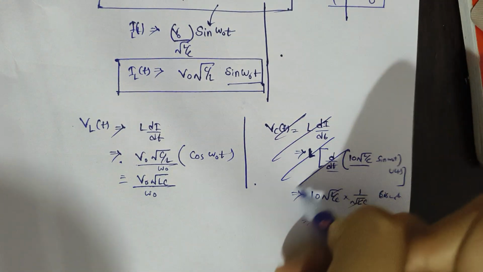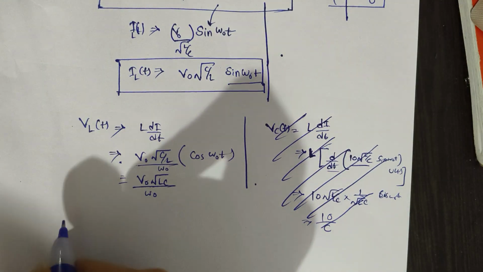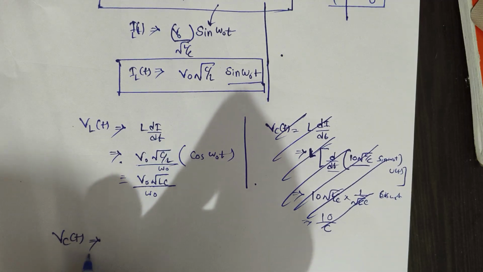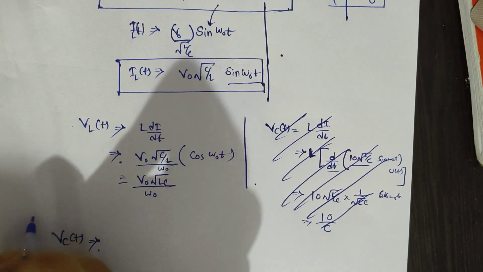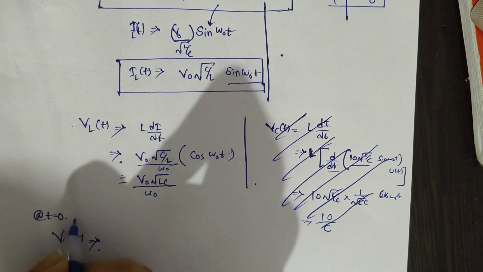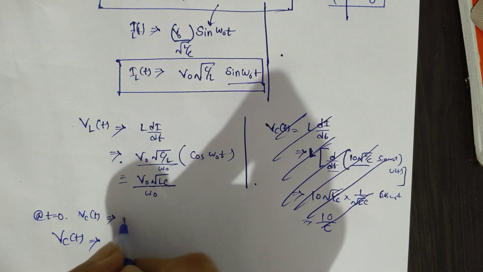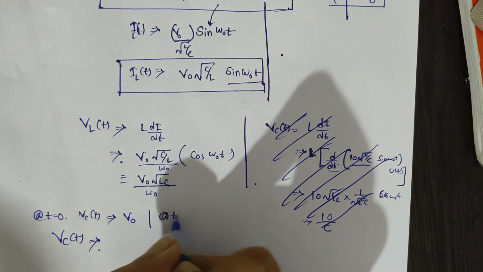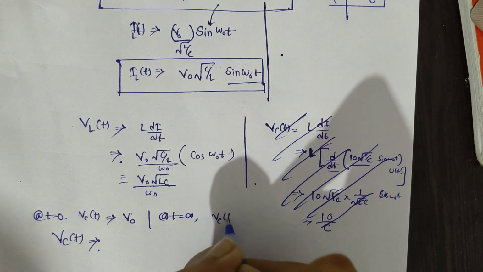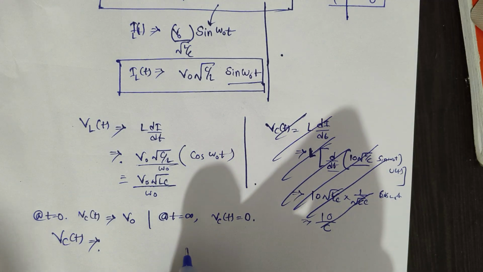So without this, VC(t) we can directly write from the equation, right? From at t equal to 0, VC(t) is V naught and at t equal to infinity, VC(t) is equal to 0, right?